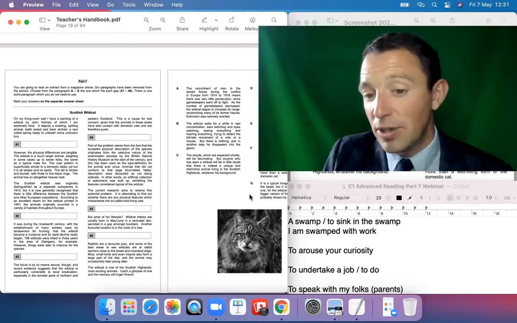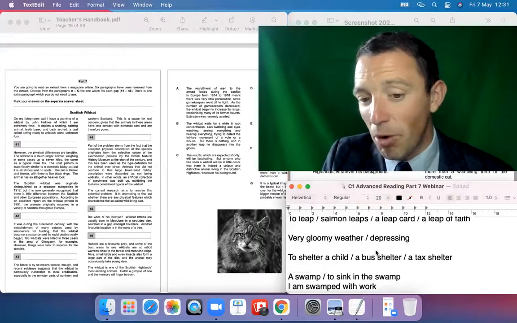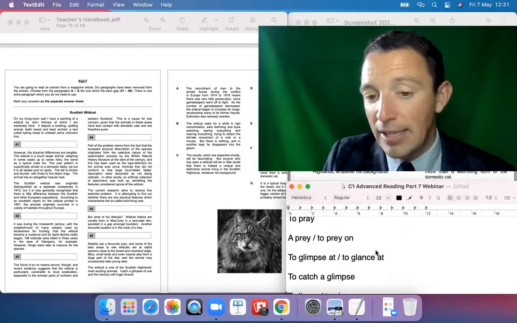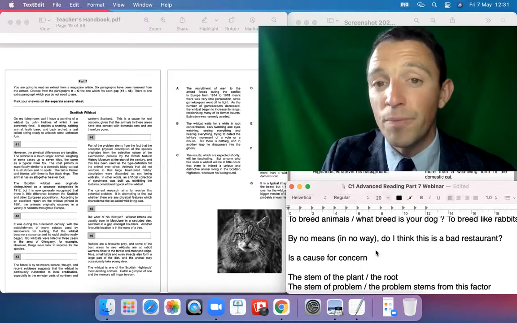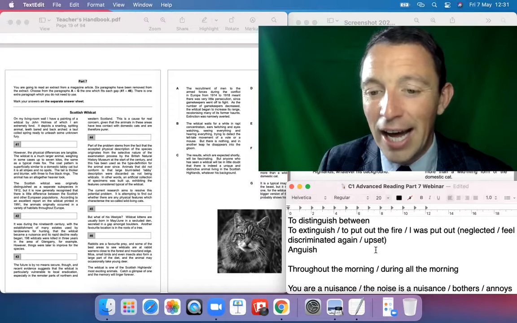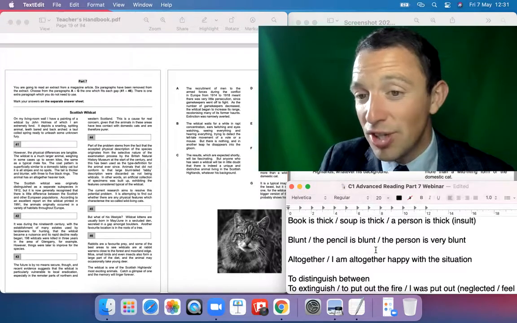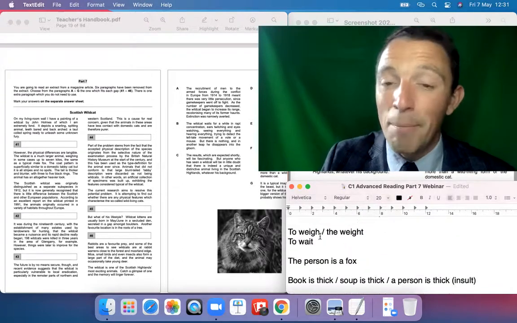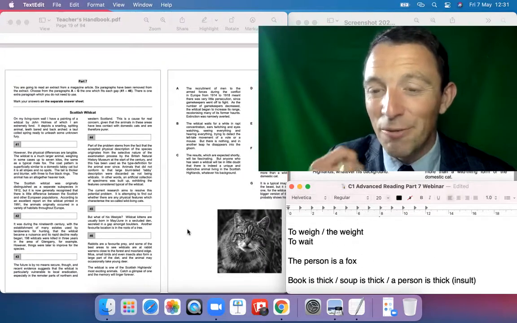So very interesting. You can see again the vocabulary here more or less is quite good, and I recommend that you try to review the vocabulary. I will put the vocabulary at the bottom of the video, and today it's just an opportunity to show you an example of the reading exercises from the advanced level C1.